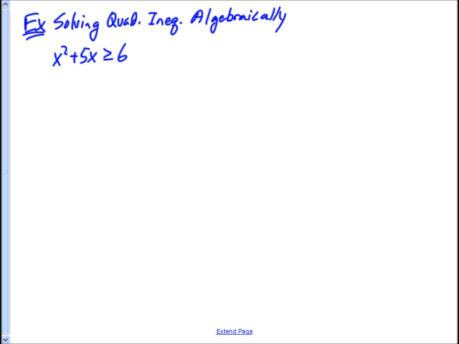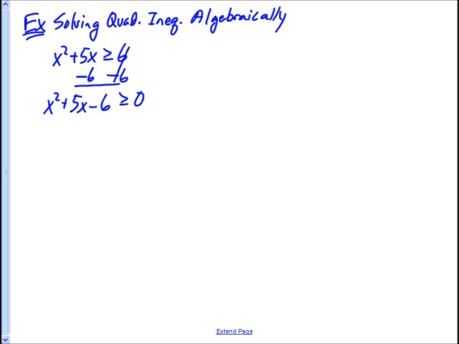Well, we still do the same thing that we did when we were using the quadratic formula and things. We want to get one side equal to 0. Okay? So let's go ahead and take this 6 over. And you got x squared plus 5x minus 6. Or I should say, what you do for pretty much any method when you're solving quadratics is, well, that's not totally true, completing the square, but when you are solving quadratics, you get one side equal to 0 most of the time, okay?